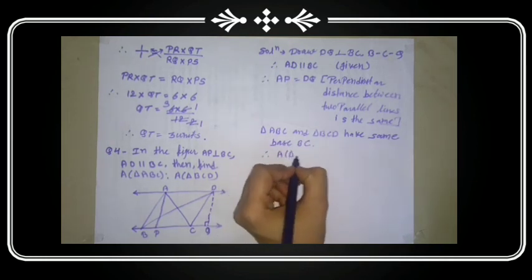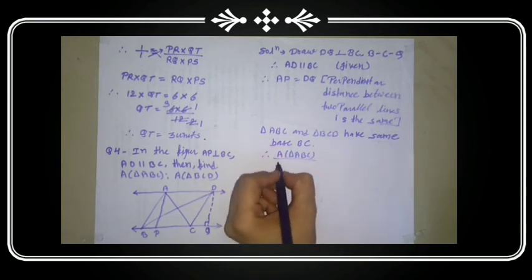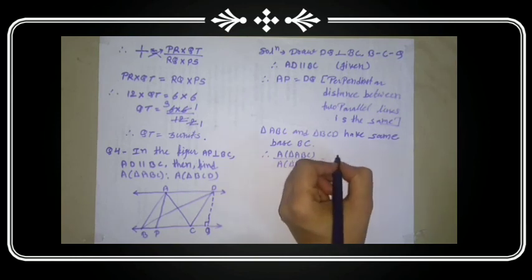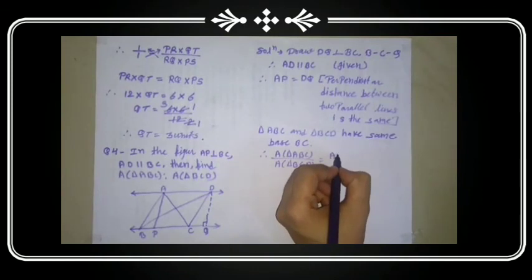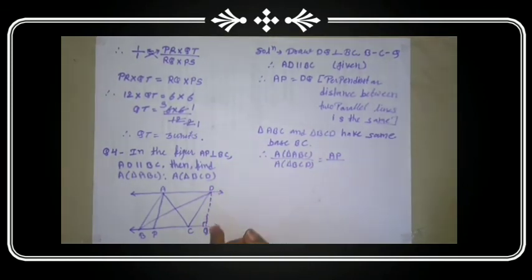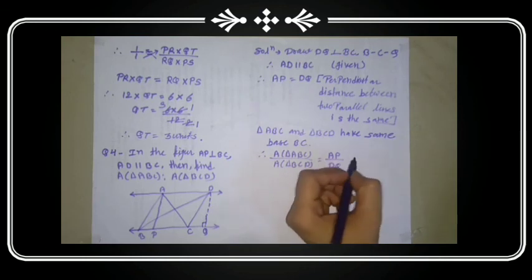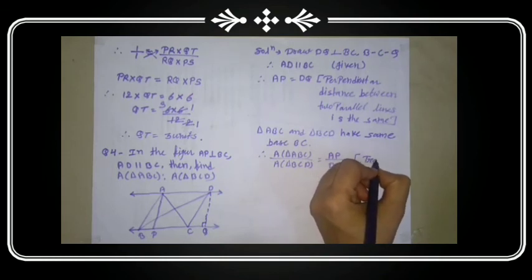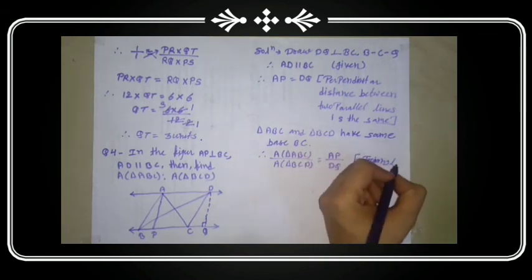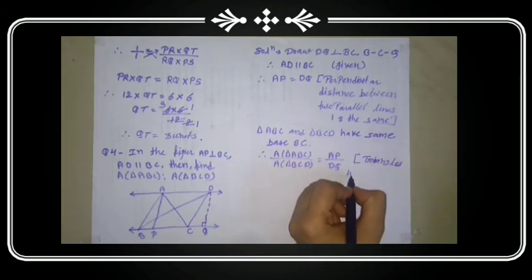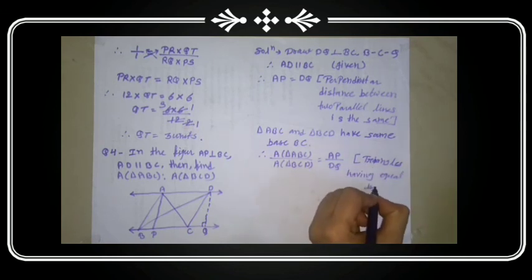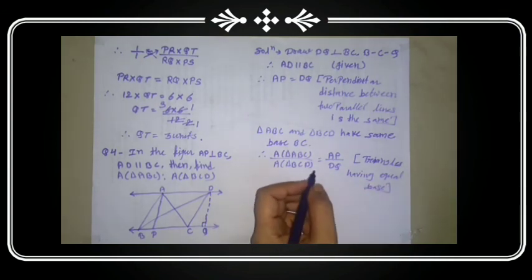Therefore, area of triangle ABC divided by area of triangle BCD equals AP divided by DQ. Reason: triangles having equal base.